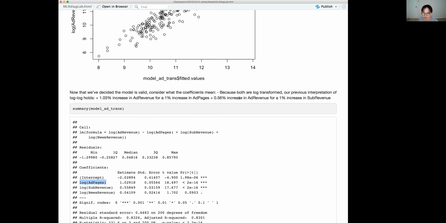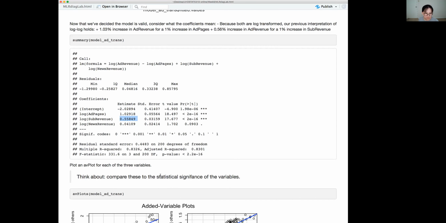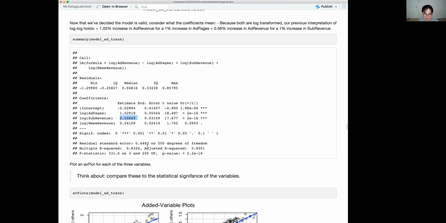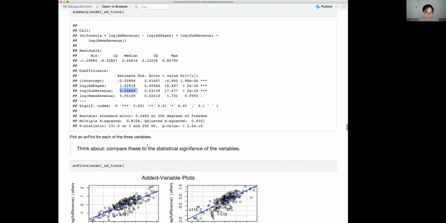And we would increase ad revenue by 0.56% for a 1% increase in the subscription revenue. This is the interpretation when we have a log-log transformation. This is quite important.